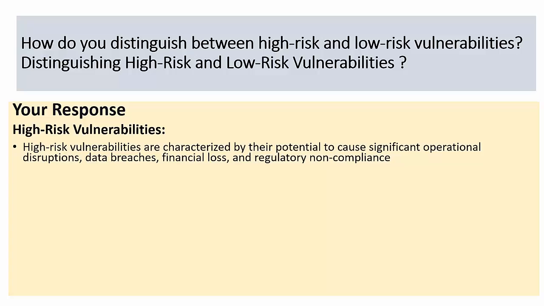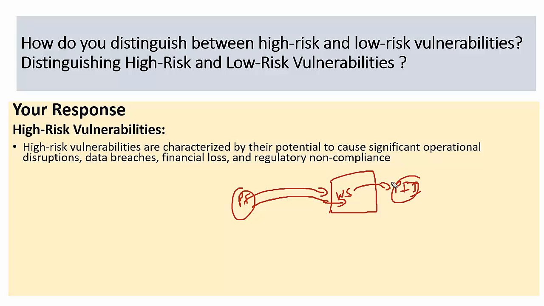High risk vulnerabilities are those that, if successfully exploited, could result in severe consequences. For example, suppose we have a web server. As a penetration tester, I discover a vulnerability in the web server, and by exploiting it I can gain access to the server and to PII data, personal identifiable information.